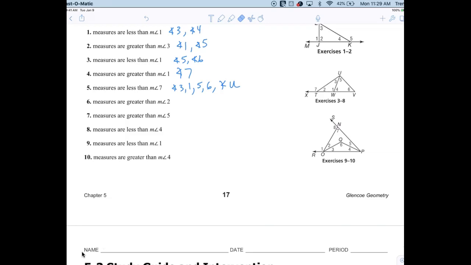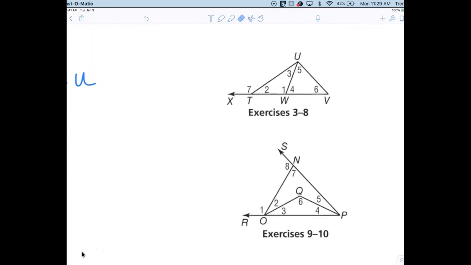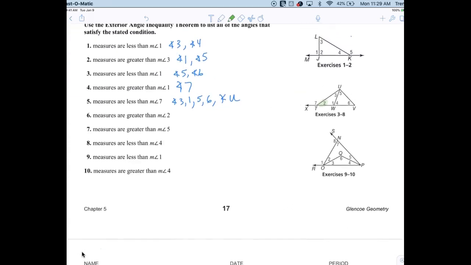So I want to know the measures that are greater than angle 2. So I'm going to highlight angle 2. And I want someone to tell me, what are we looking like? 1. Definitely not.